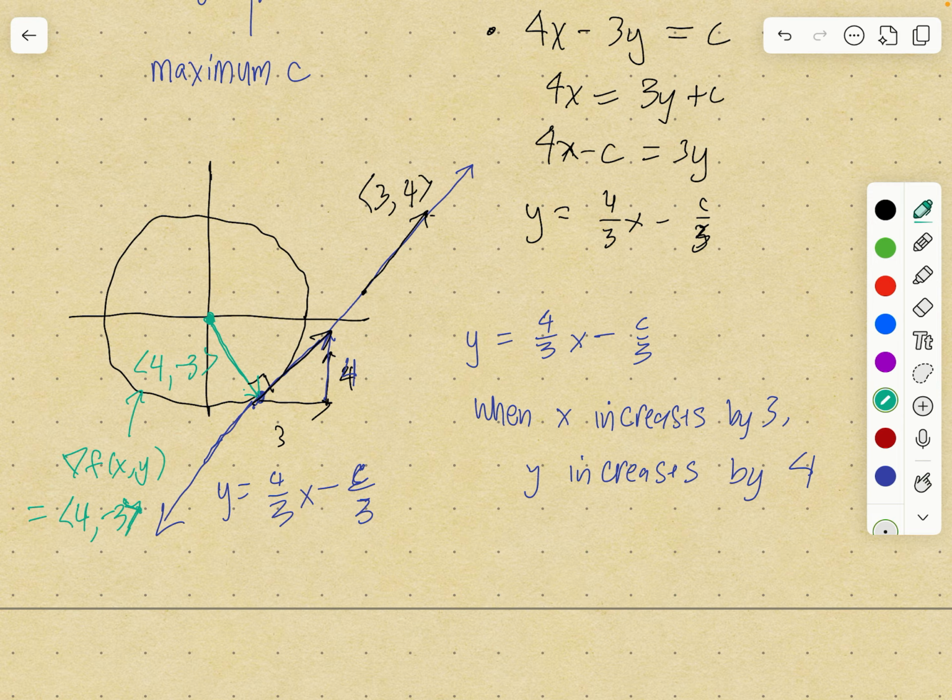And that's when your vector is the gradient.